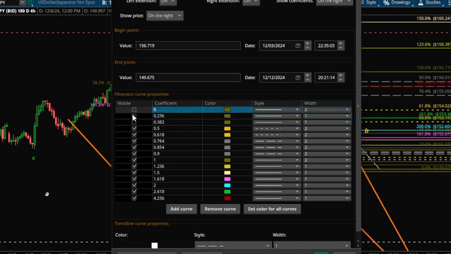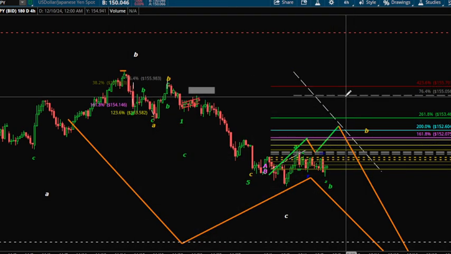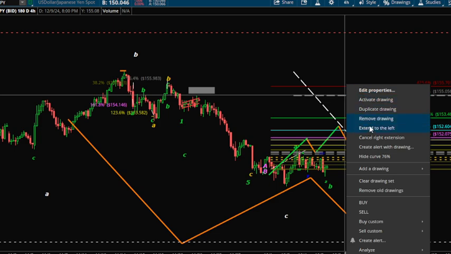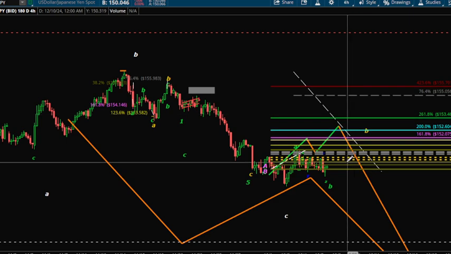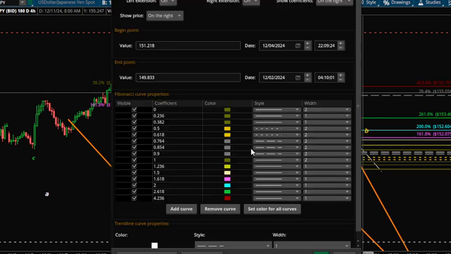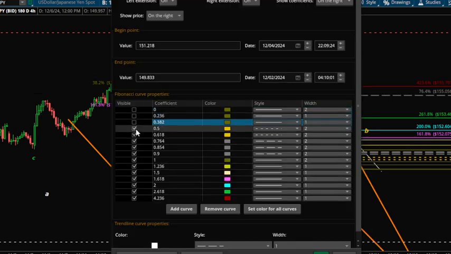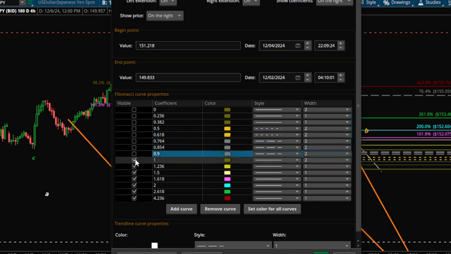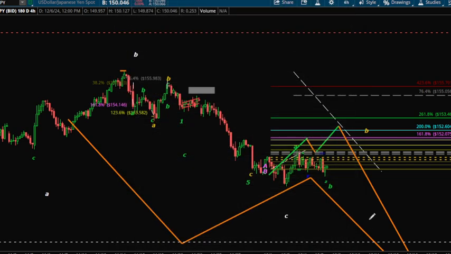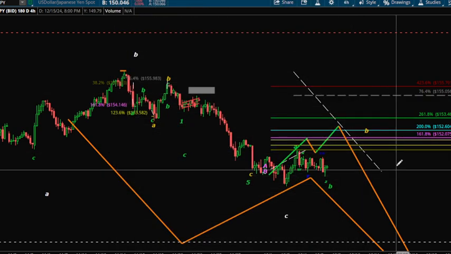Let's get rid of all these except the 76.4. That way I can remember that we have hit those retracements in the past. And then on this one, all we need are the targets past the 100%, because we're pretty confident to say it's going to go past it. I mean, it may not. We'll leave it up there. Okay, so these are our targets.